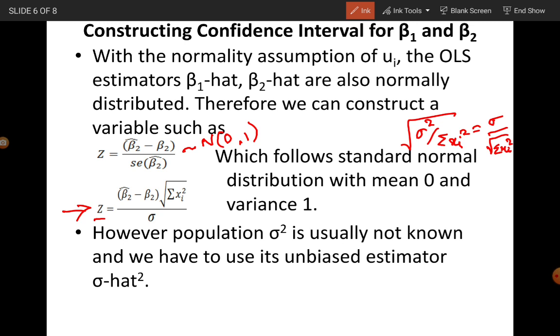But what happens is, this variable sigma is associated with the population, and the population sigma square, or the population variance, and population standard deviation is usually not known to us. So what happens? We are forced to use its unbiased estimator, sigma hat square.